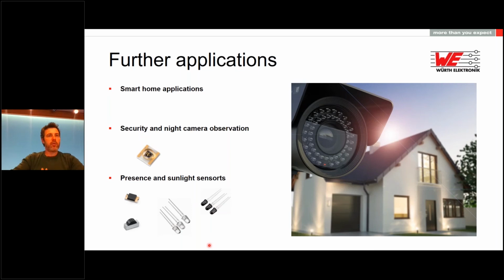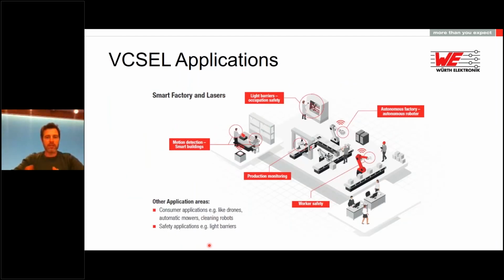Up to now, we talked a lot about infrared LED detection, and now here is our view of the VCSEL application or the time of flight applications. We see this more at the moment in the industry area, where we can have different production or automated productions, and use it for different robots or different product monitoring systems.